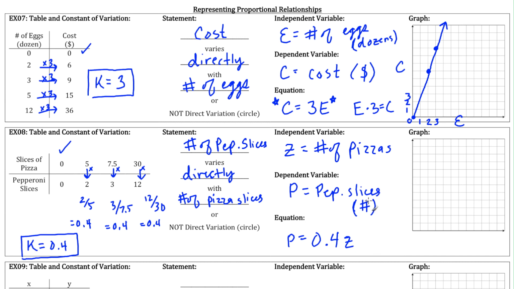Now let's go ahead and put our dependent variable here, and independent here, 0, 0, but let's label some of these so we know what we're counting by. So 0, 0, 5, 2. 7.5 and 3. Let's just try that.